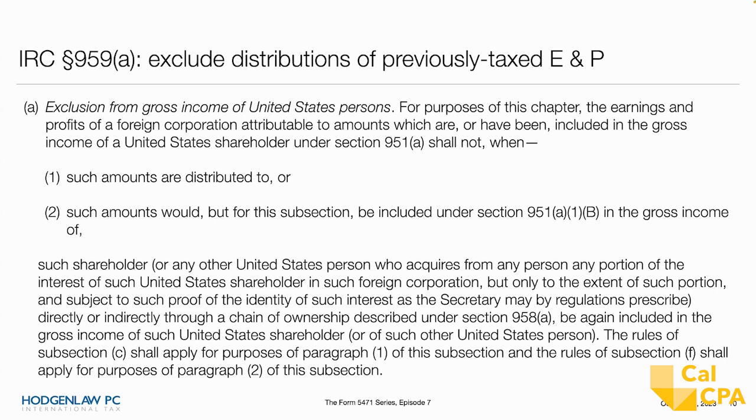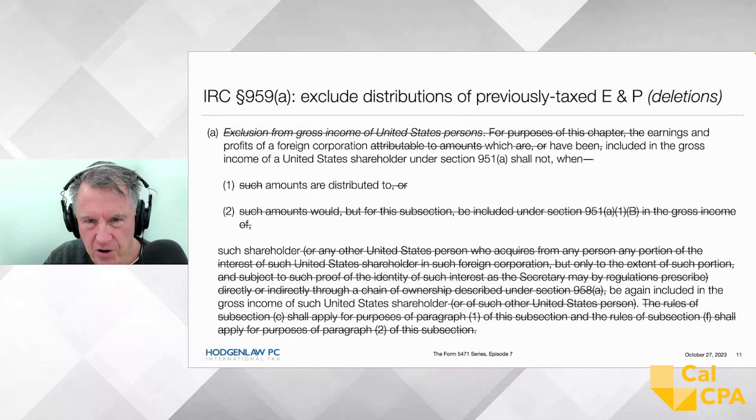and how I boil it down to what it even means. So what I do is I take the code section and paste it into a Word file. And then the next step is I go through and delete all of the superfluous stuff. So the superfluous stuff will be like the title of the subsection, and all of the wordy words, for purposes of this chapter and things like that.